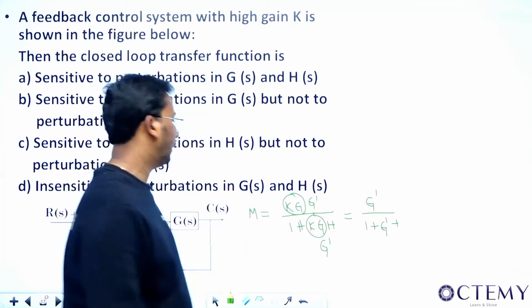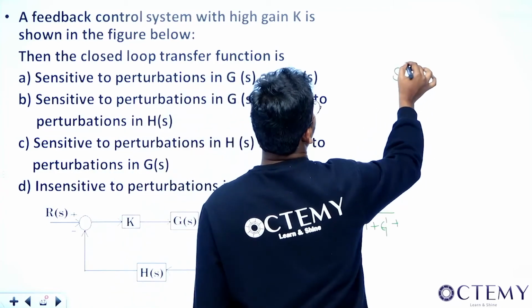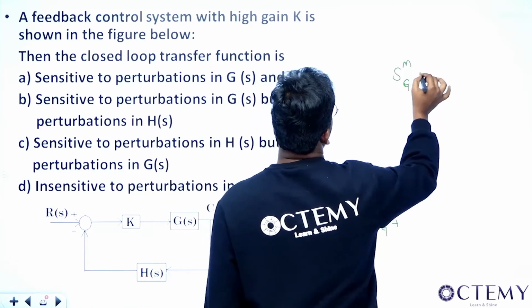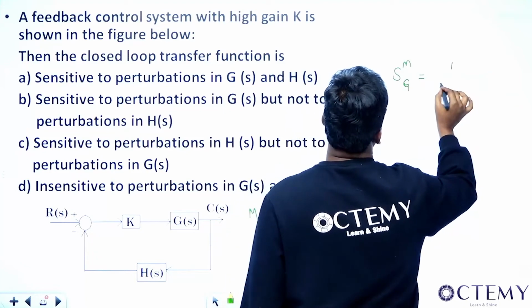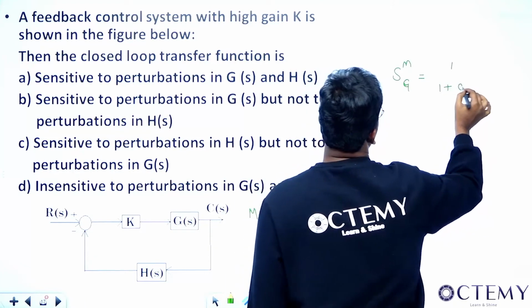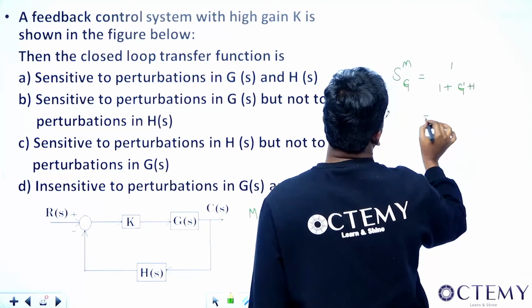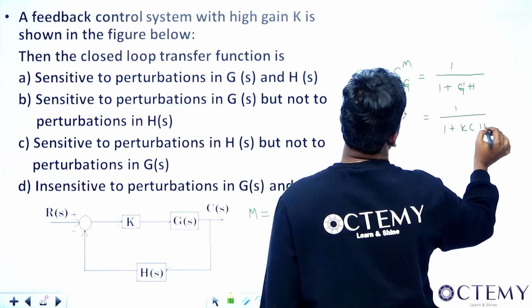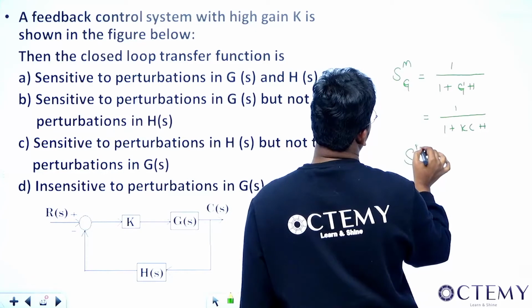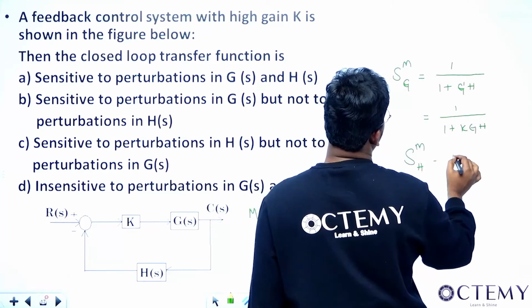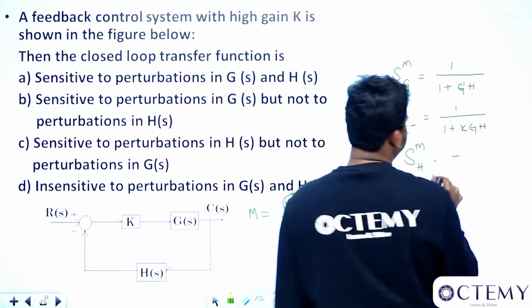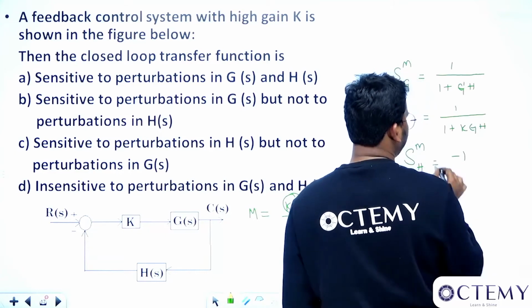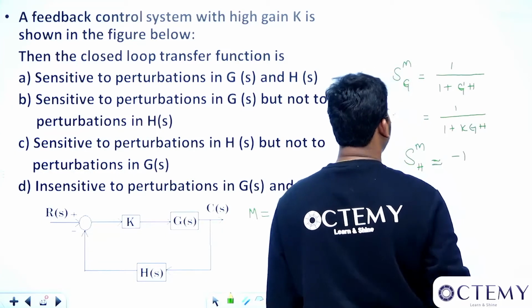Now I know that the sensitivity of M with respect to G will come to be 1 by 1 plus G dash H, so that should be 1 by 1 plus KGH. Similarly, I know that the sensitivity of M with respect to H, you will get it as approximately equal to minus 1, right?